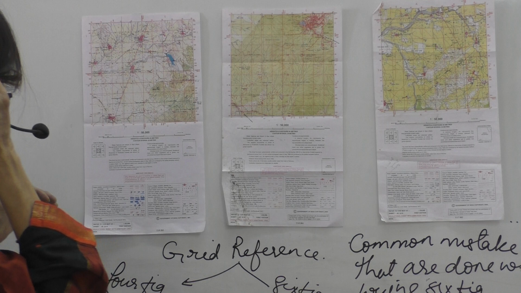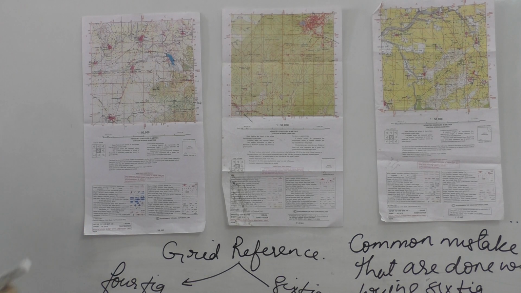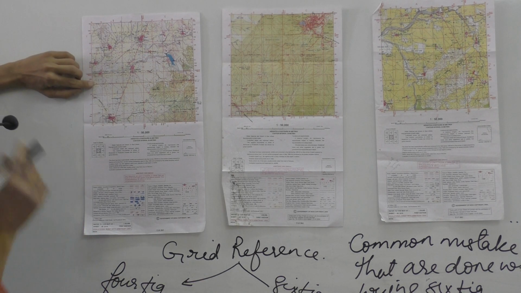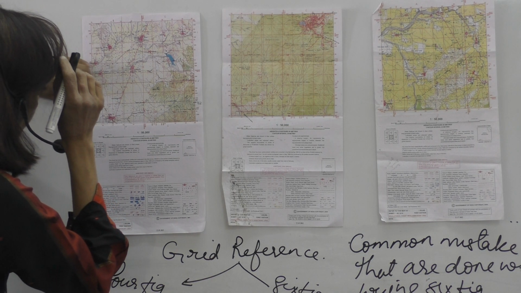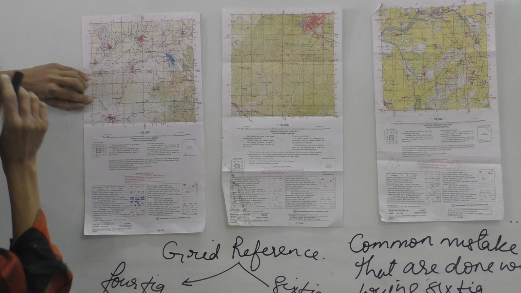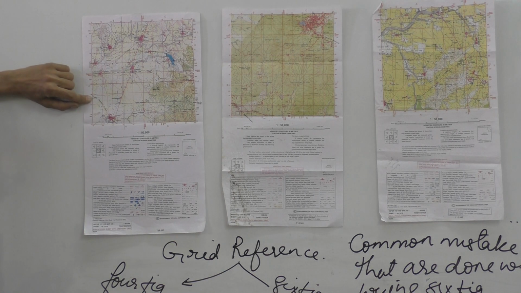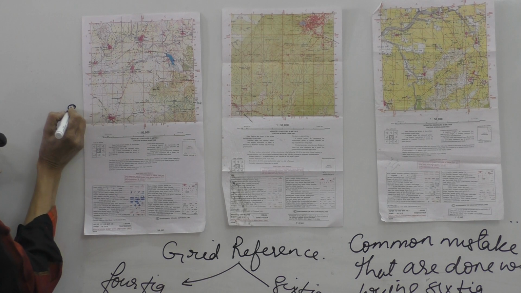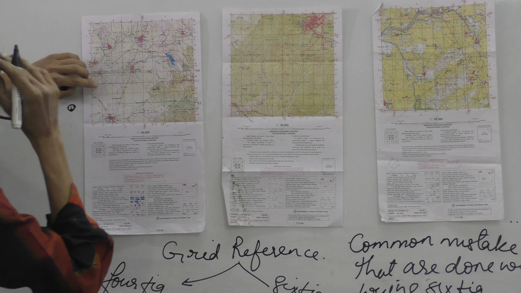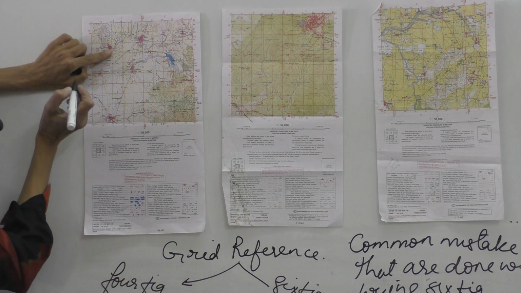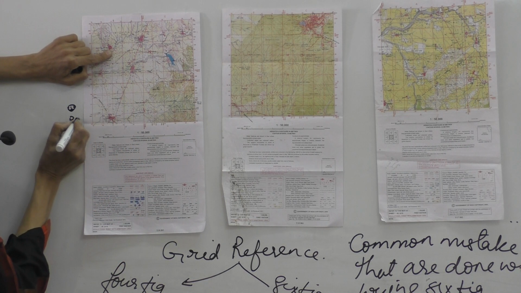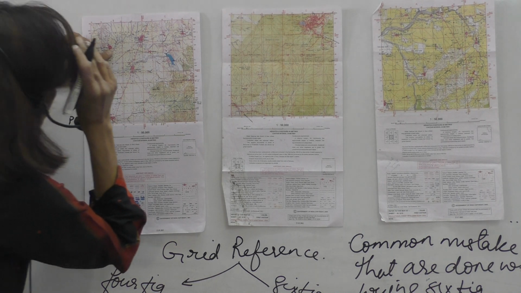So now what kind of objects can be asked? They can ask you the wells, which is a blue dot. They can ask you about a dry tank, which is a circle and dots. Look at this, this is PO, for a post office.